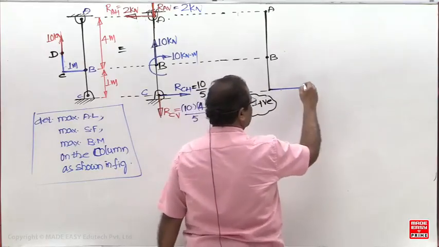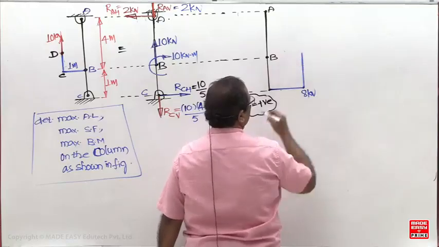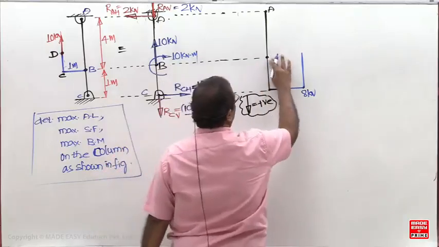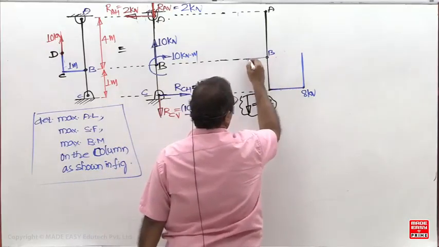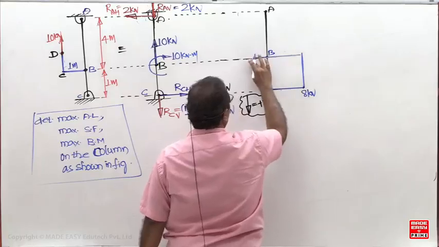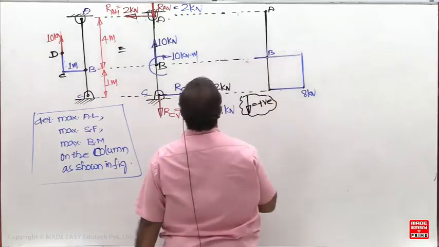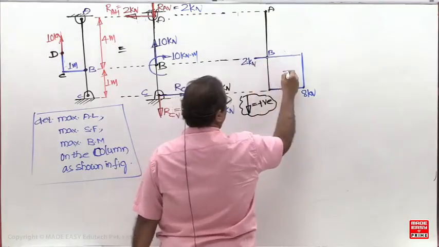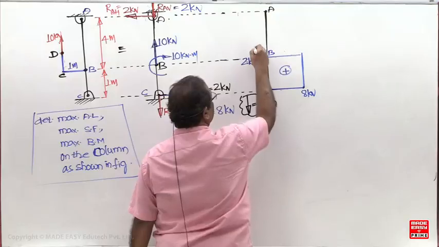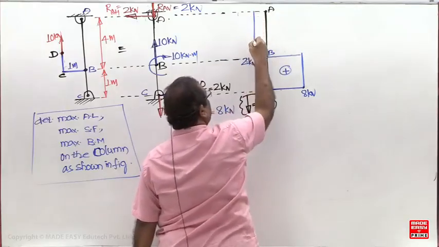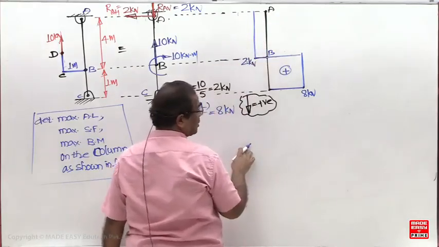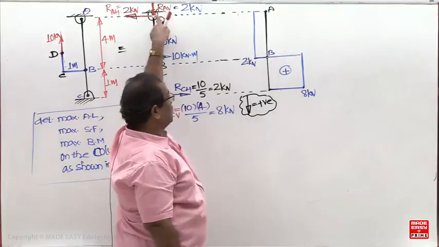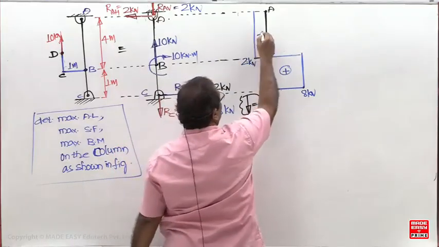Draw a parallel line until the next axial load. Since you have taken downward as positive, upward is negative. So plus 8 minus 10, plus 8 minus 10 is what? Minus 2. Then draw a parallel line. Since upward is negative and downward is positive, minus 2 plus 2 will become 0.